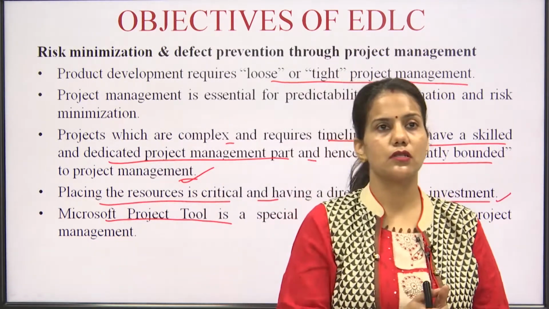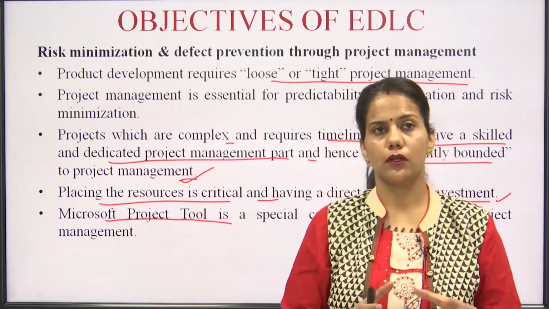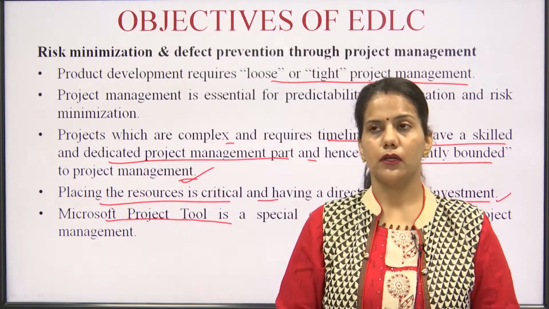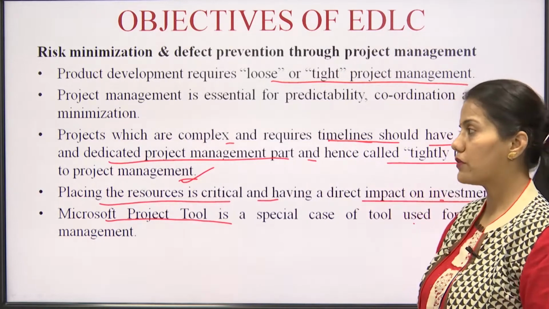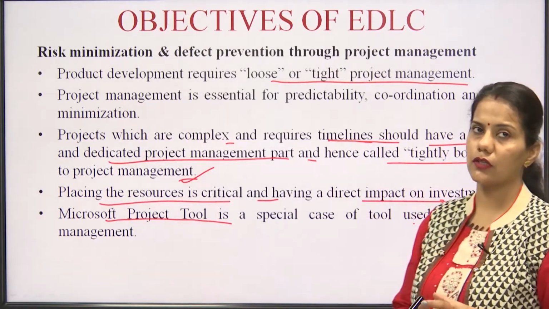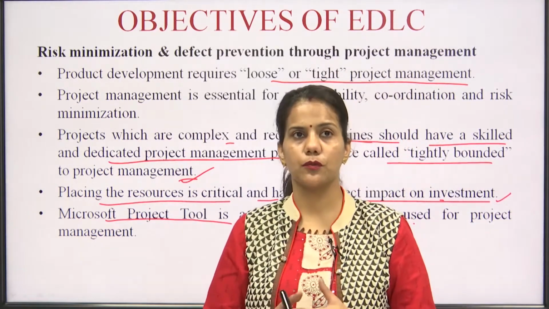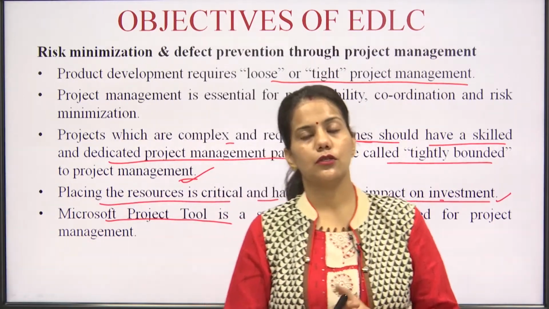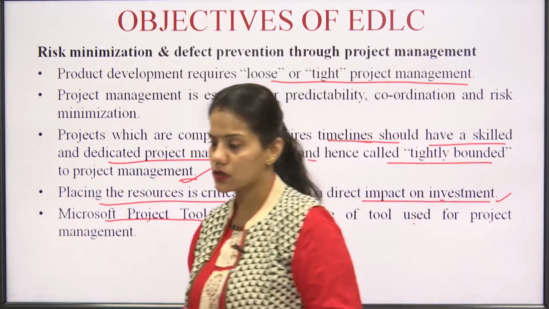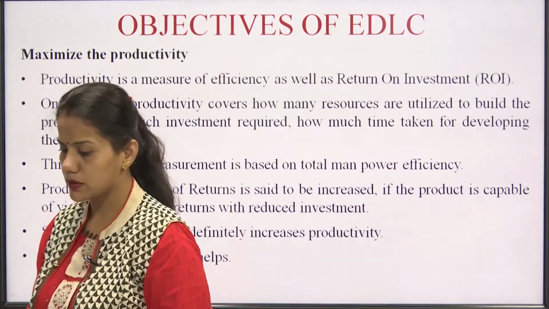This is how the risk can be controlled. Similarly, in the case of defect prevention, certain backups and certain testing should be there. This is very important to minimize defects. This is one of the objectives of EDLC.